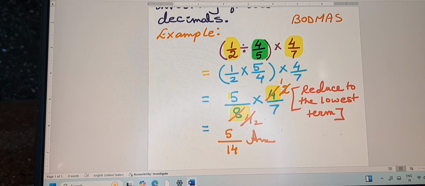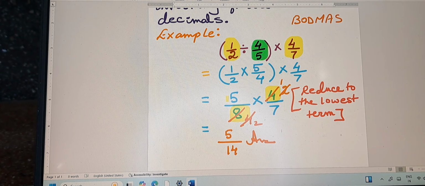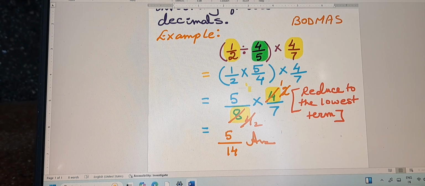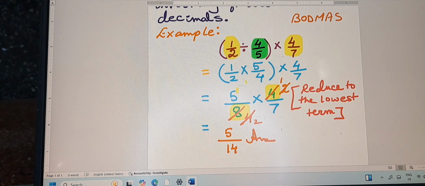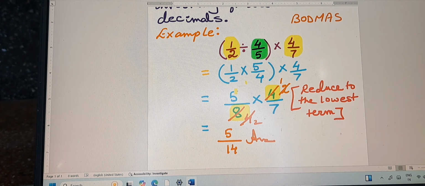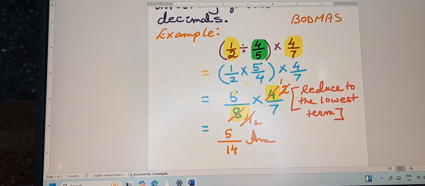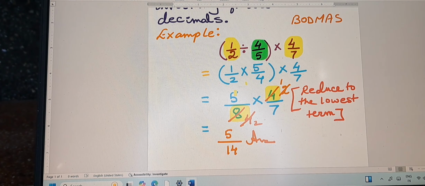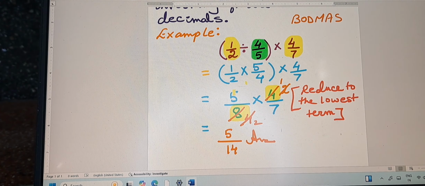So what we have done, we have revised the fraction. We need to identify the fraction, what kind of fractions are there. Then we need to apply the BODMAS rule, checking what are the different applications in the sums. Then we need to apply the reduce to the lowest term.